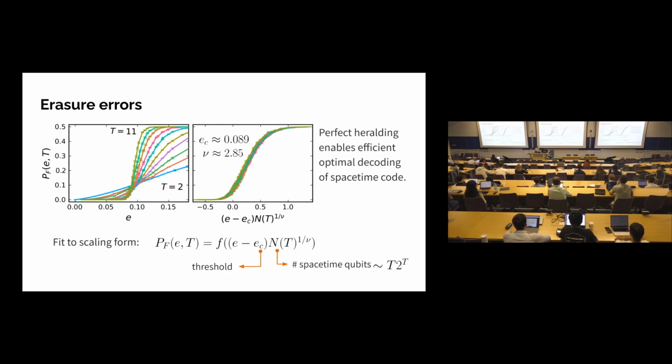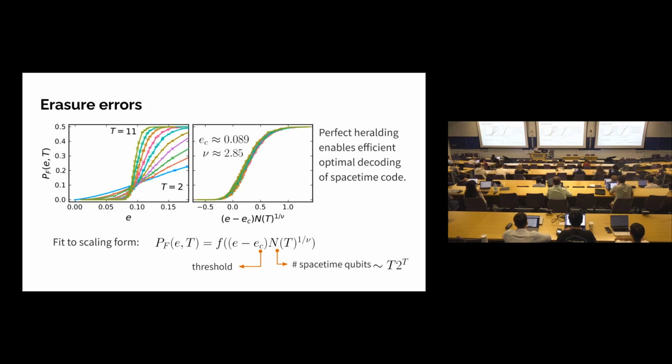So if we take fully heralded erasures, we can optimally decode using the space-time code formalism, and we get the results shown here. The x-axis on the left is the rate of erasures at these various locations, and I'm showing the logical failure probability averaged over logical 0 and logical plus. And you can see that it has a crossing around 0.089.